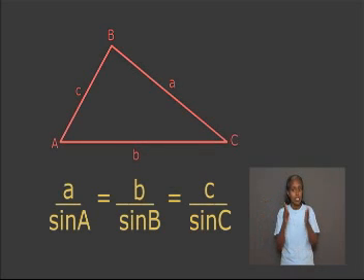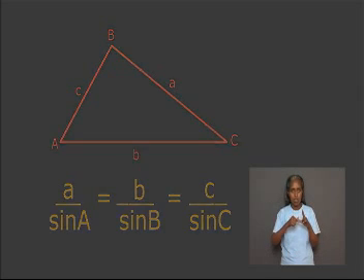The law of sines says that in any triangle ABC, a over sine of A equals b over sine of B equals c over sine of C. In other words, the sides are proportional to the sines of the opposite angles.